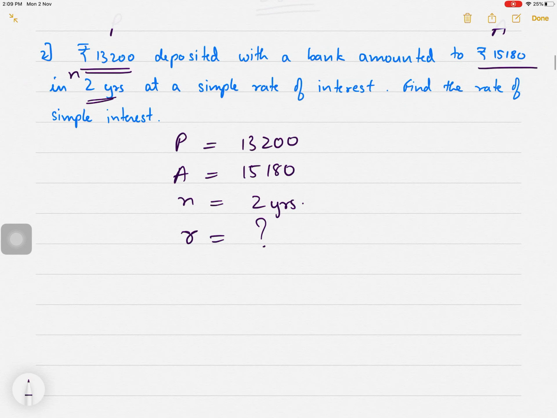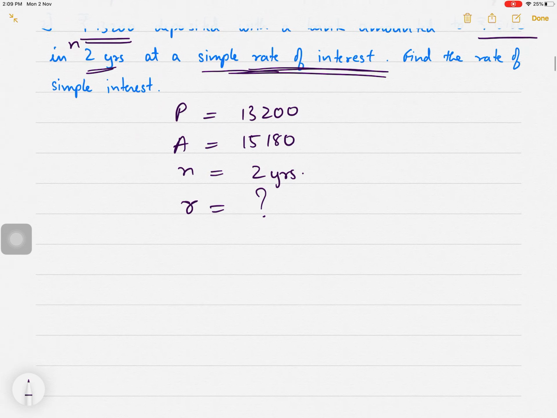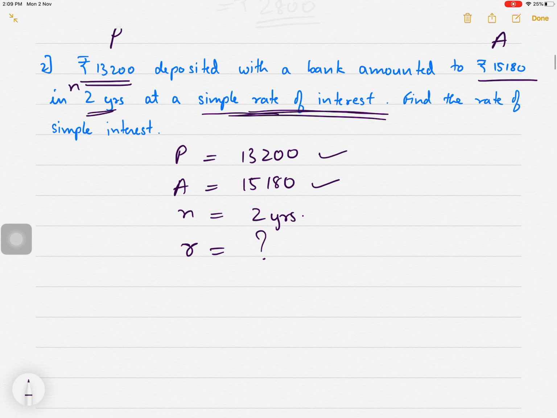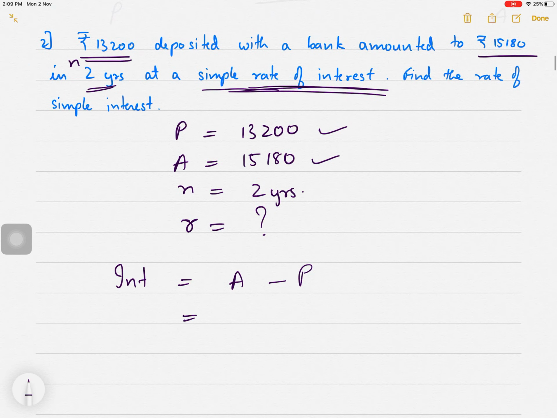R you don't know. They have asked to find simple rate of interest. So rate of interest is asked, means R is asked. Okay. Now principal is given, amount is given. Can you find out the interest? Interest will be amount minus principal, correct?